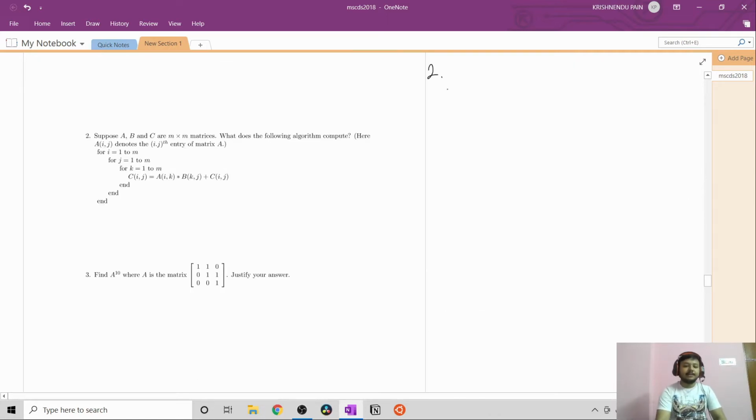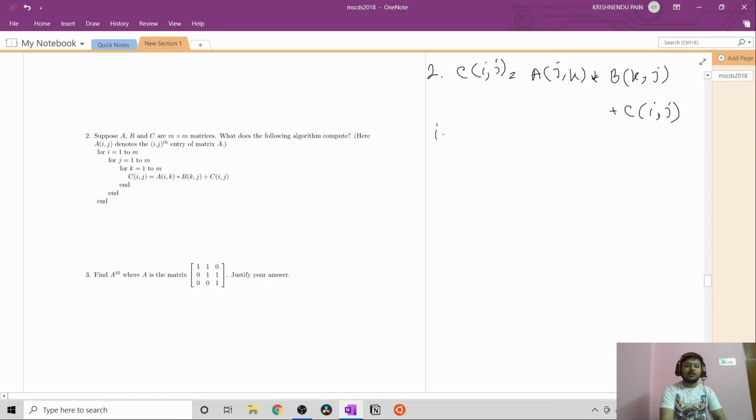Question number 2. A, B, C are m cross m matrices. There is an algorithm given where a_ij is the ijth entry of matrix A. For i equal to 1 to m, j equal to 1 to m, k equal to 1 to m, there is given c_ij equal to a_ik into b_kj plus c_ij. Now I am taking one instance.